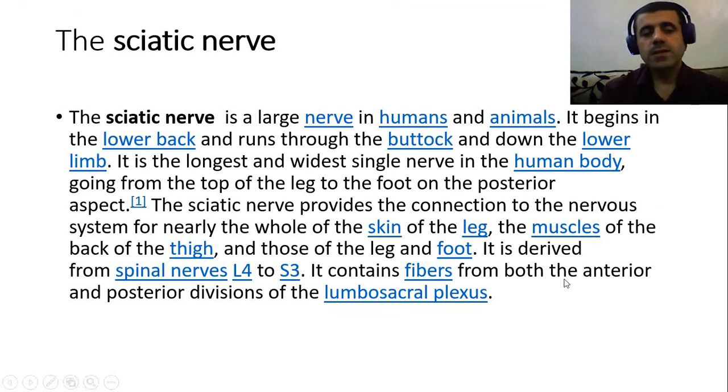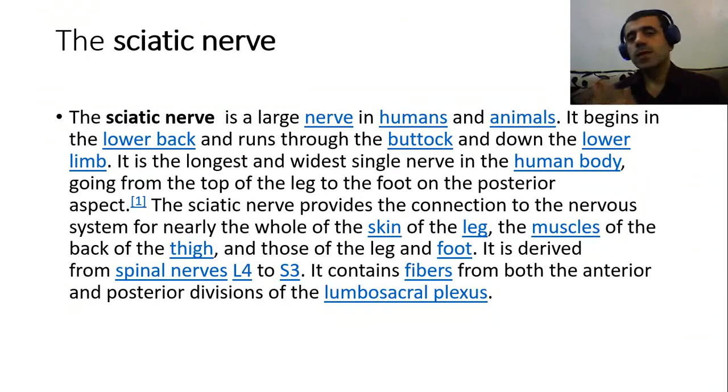This is derived from the spinal nerves L4 to S3. So L4, L5, S1, S2, S3, and contains fibers from both the anterior and posterior divisions of the lumbosacral plexus. So dorsal and ventral divisions of the nerve roots go from the lumbosacral plexus to the sciatic nerve.